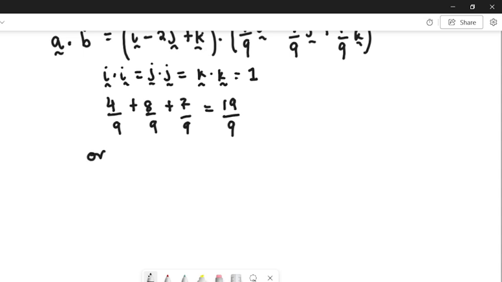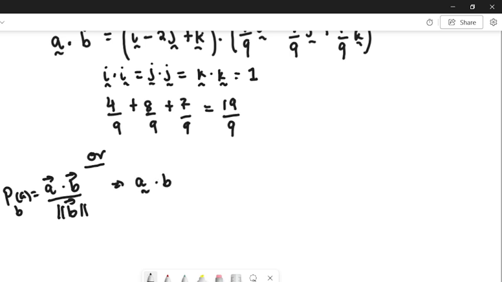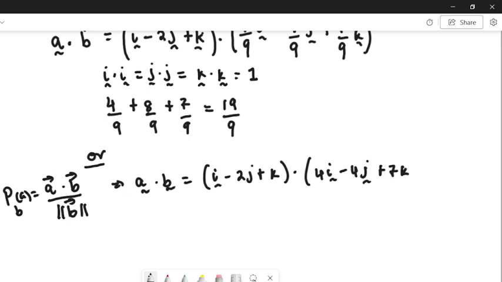So we want to use the formula A dot B over the magnitude of B, which must give us the same thing, since this is the projection of A on B. A dot B is: we have i minus 2j plus k multiplied by 4i minus 4j plus 7k.